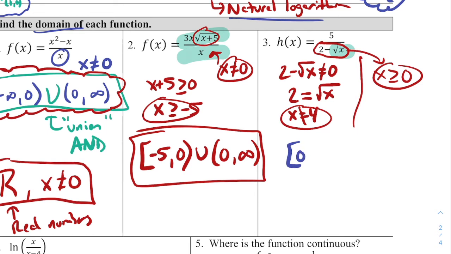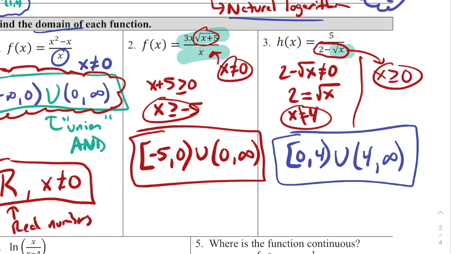So we're going from 0 to 4. 0 gets the square bracket because it's equal to 0 in that inequality, and it cannot equal 4, so it gets a parenthesis. We put a union between these, and then it can go for anything bigger than 4 as well. So from 4 all the way up to infinity. That is going to be our interval notation for problem number 3.